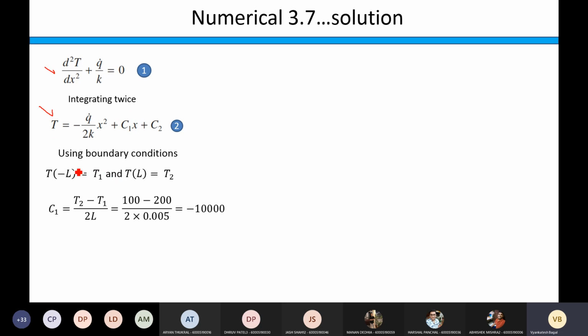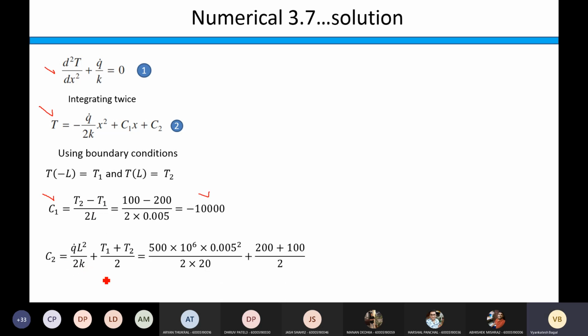I am taking the same, and using the boundary conditions, we know C1 is given by this expression, so I can find C1. Why I am writing all these steps is that in an examination, you should not try to memorize the equations for C1 and C2. You should be in a position to derive them, put in the values like this, and simply find C1 and C2.